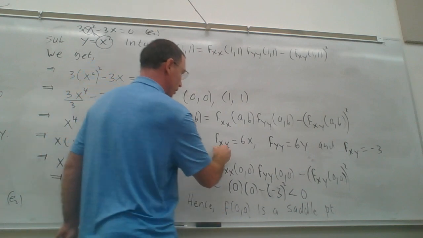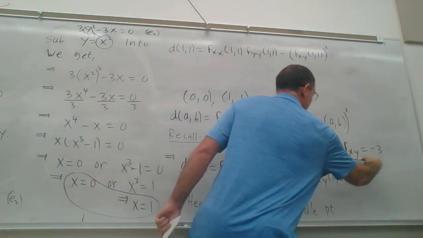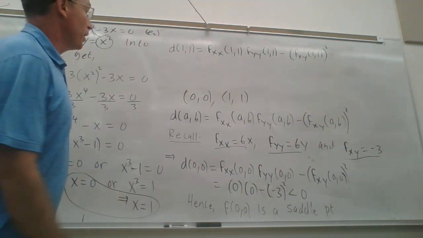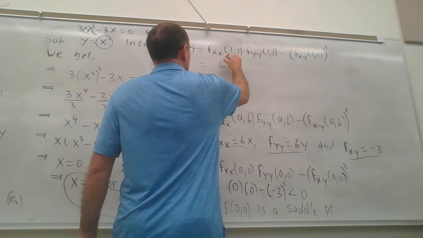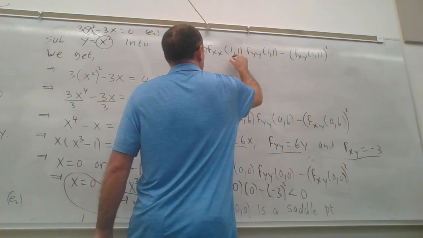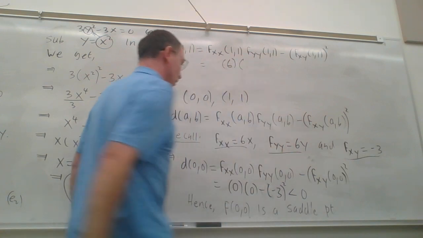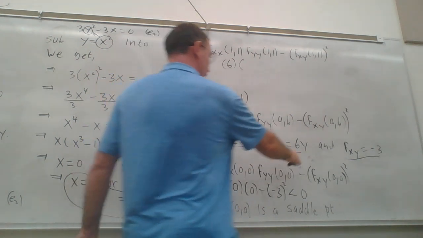So again, here's my f double x, f double y, xy. So putting 1 for x, 1 for y, this would be 6. F double y would be 6 also.